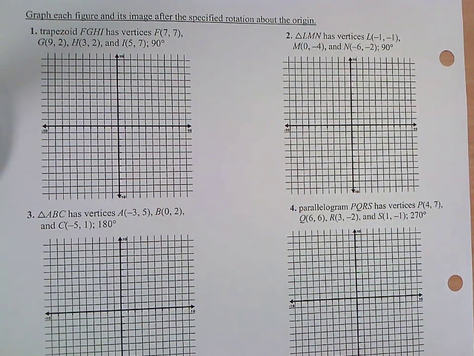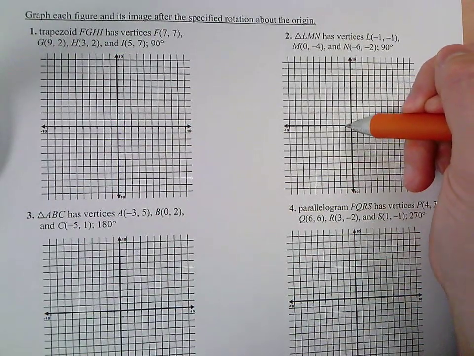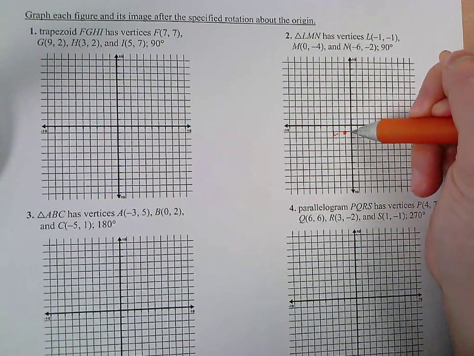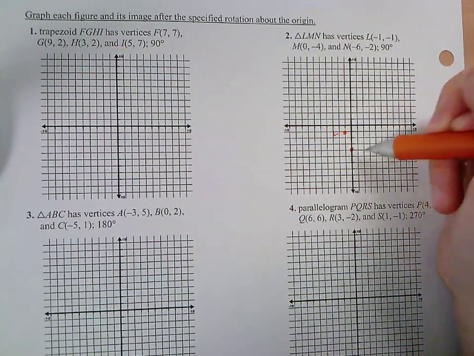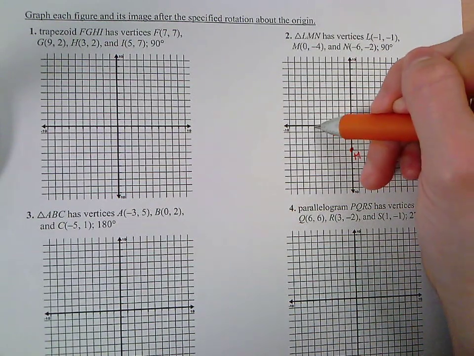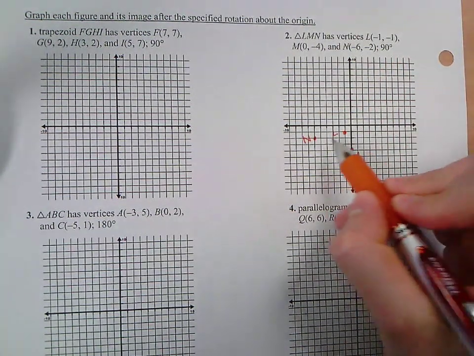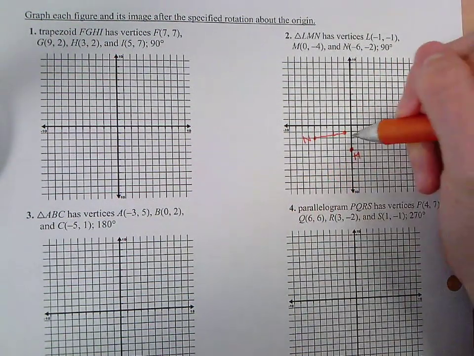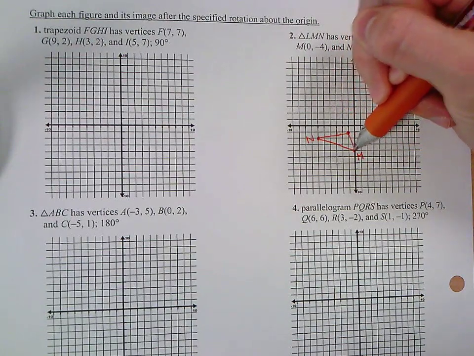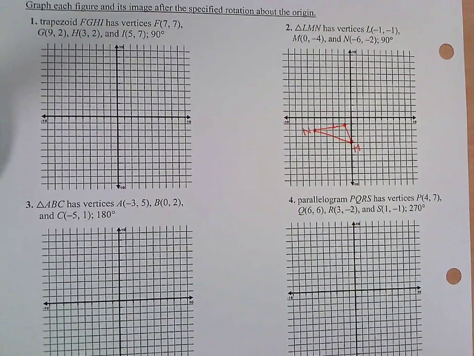So I plot my 3 points. Check your triangle, check that that's graphed correctly.